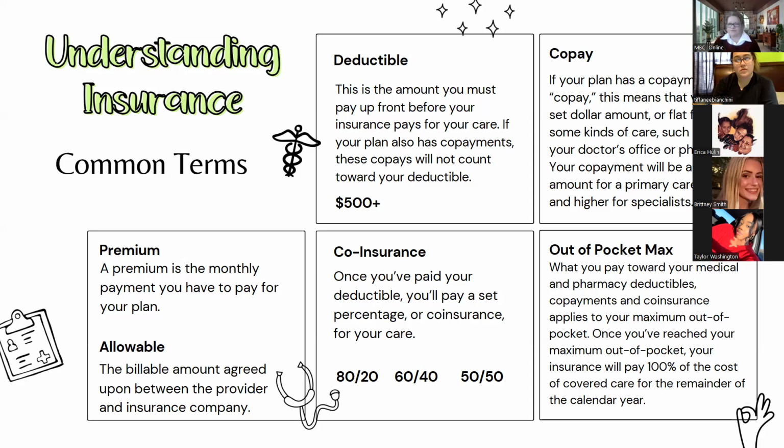All right, so we're going to talk real quick about some common insurance terms. And I want to start off by saying one of the best ways to understand insurance is if you have insurance yourself, if you have it through your company, you have it through Obamacare, healthcare.gov, however you have it, even if you have Medicaid or Medicare or whatever, that is a type of insurance, and somewhere you have a benefits summary.